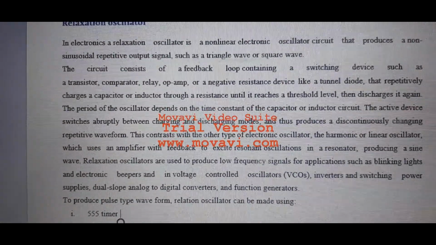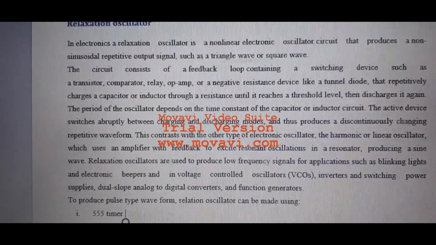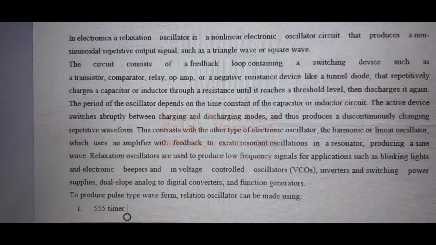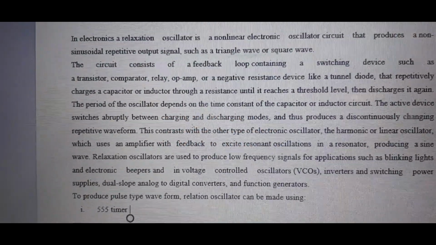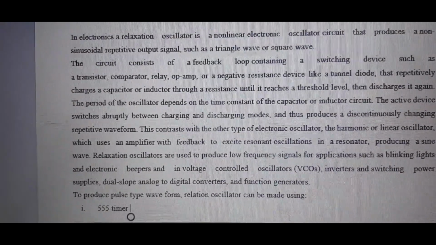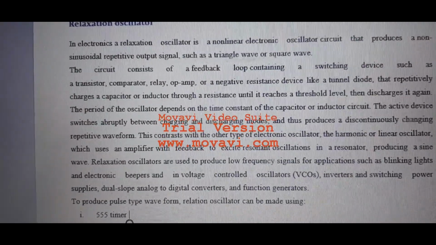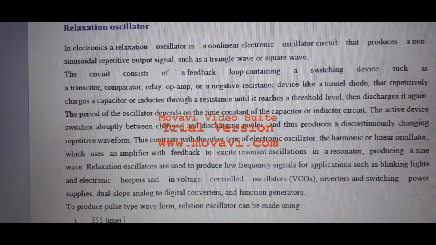In relaxation oscillators, the circuit consists of a feedback loop containing a switching device such as a transistor, a comparator, or an op-amp, that repetitively charges the capacitor or inductor through a resistive network until it reaches its maximum value to produce the oscillation.